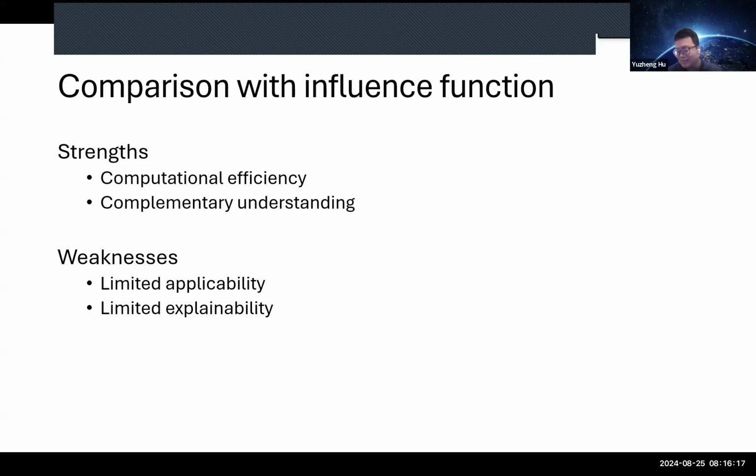So basically, I think the assumption, although it can be implemented with some tricks, for instance, using weight decay and also using continual fine-tuning, still largely limits its applicability for general deep neural networks.